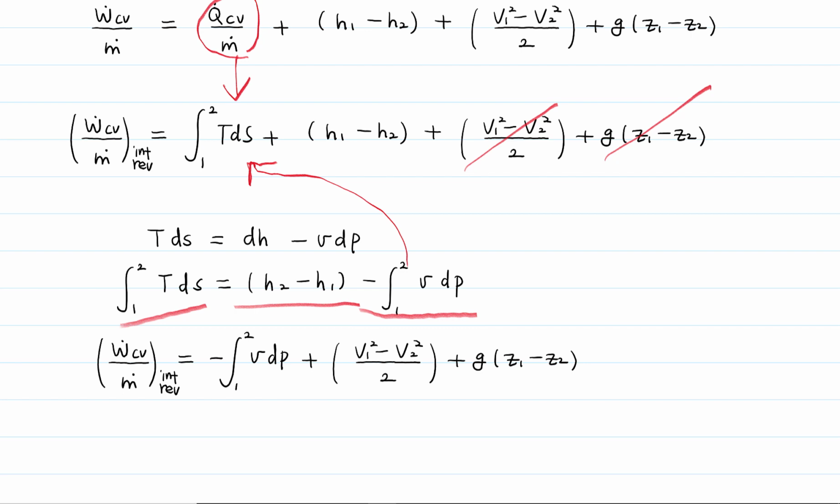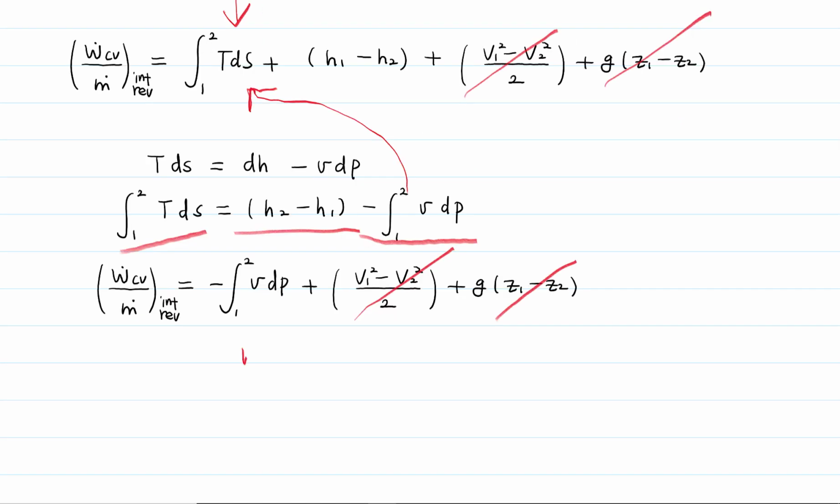Enthalpy terms cancel out, and we also neglect the kinetic energy change and potential energy change. So W dot CV divided by m dot, for an internally reversible process, the work is the negative integral of v with respect to pressure.